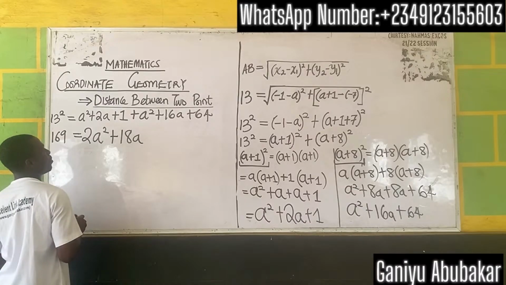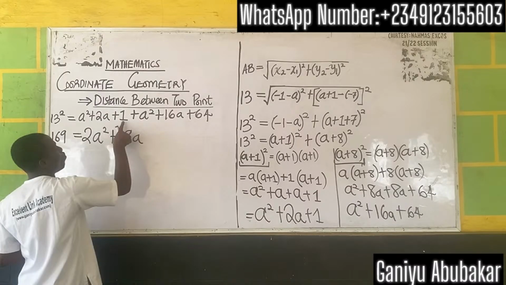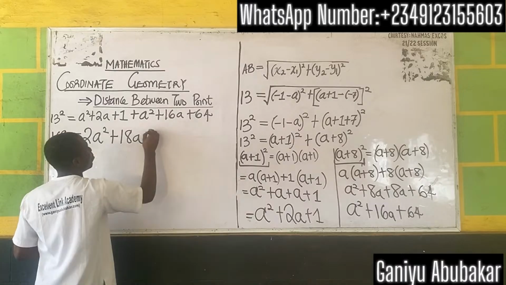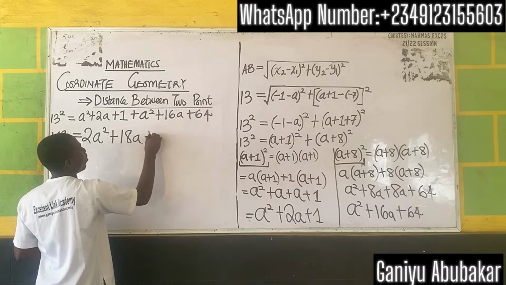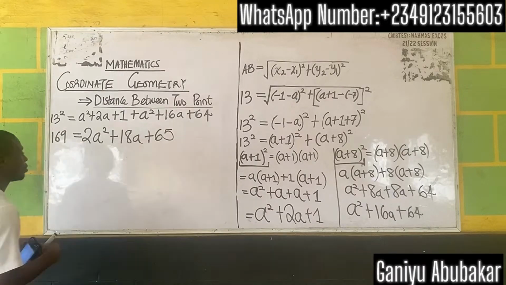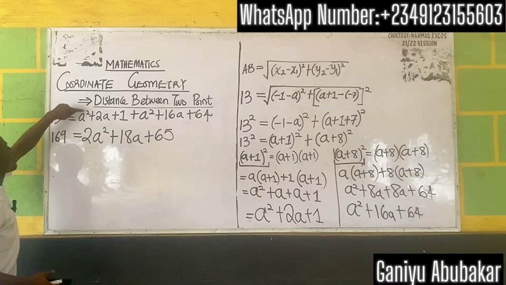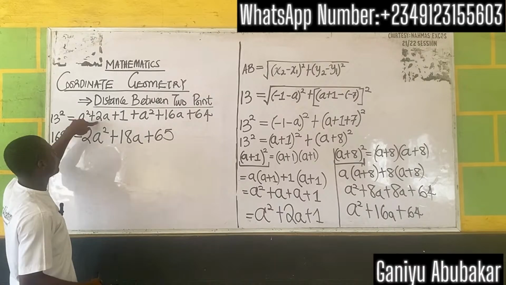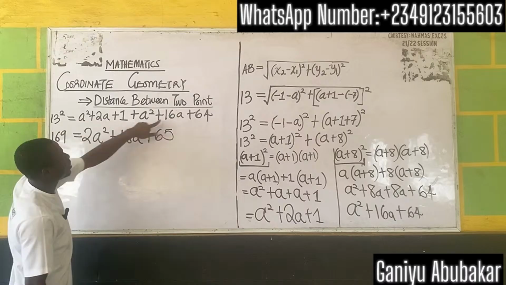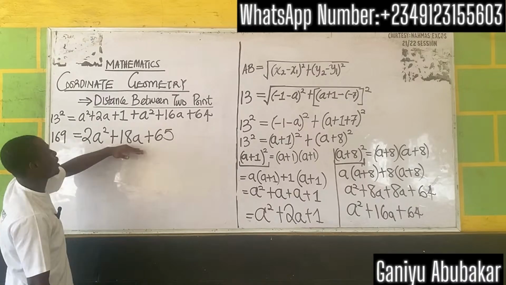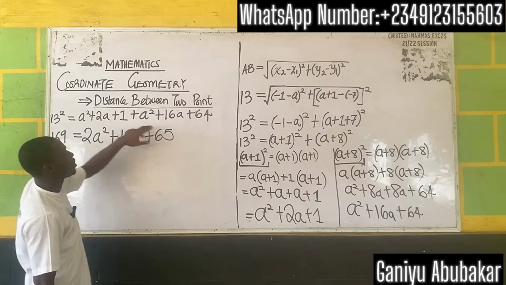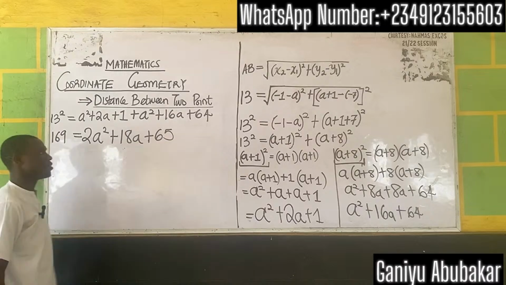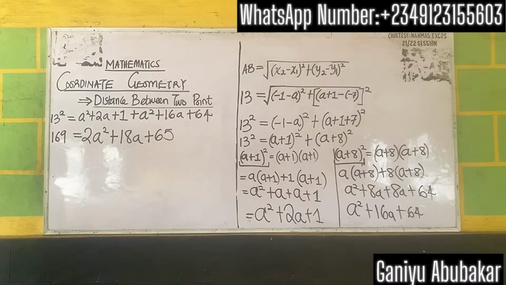Then 1 plus 64, that gives you plus 65. Done and dusted. Observe please. A squared plus a squared gives you 2a squared. 2a plus 16a gives you 18a. 1 plus 64 gives you 65. That's it. As simple as that.